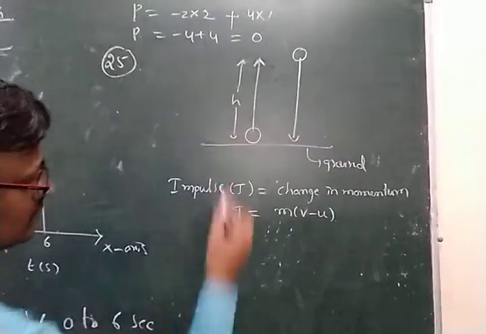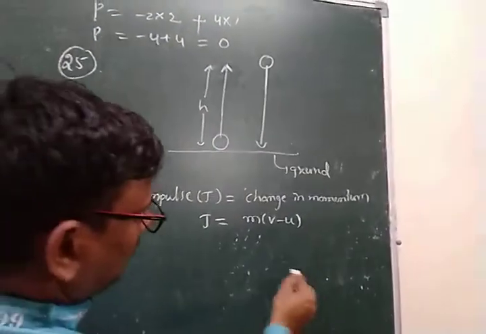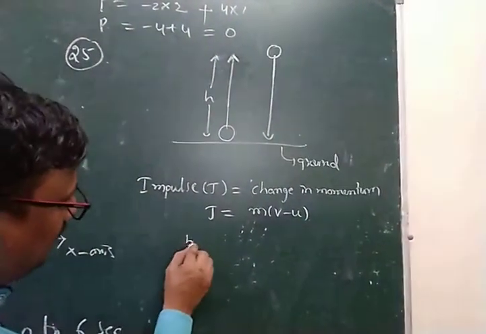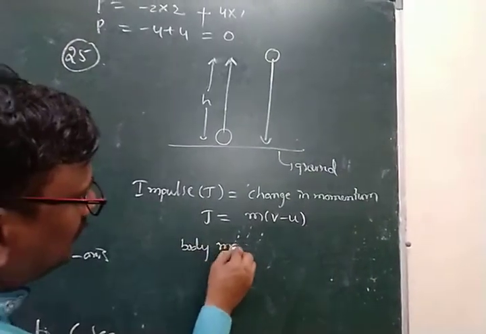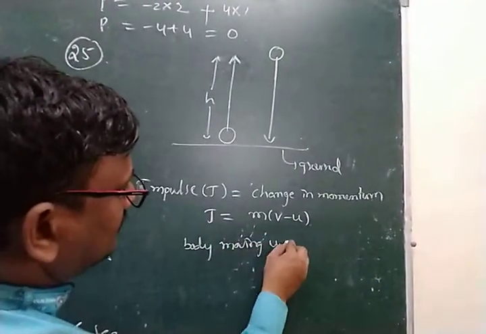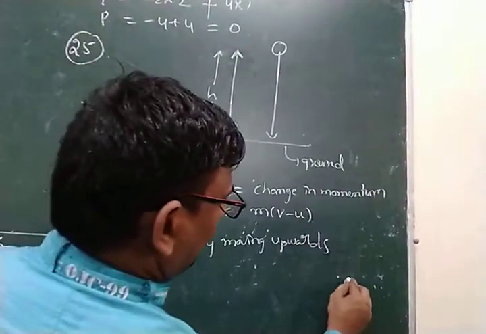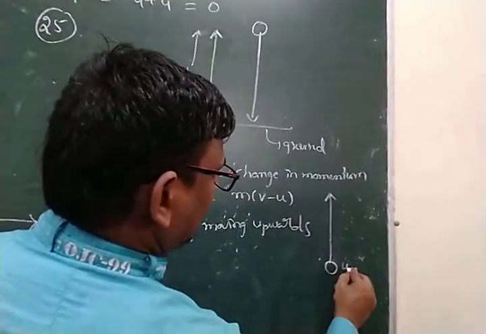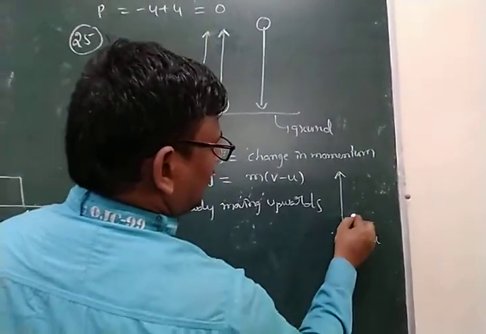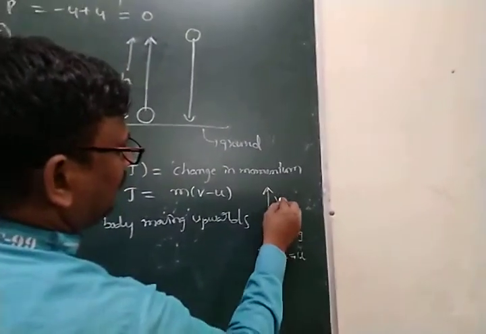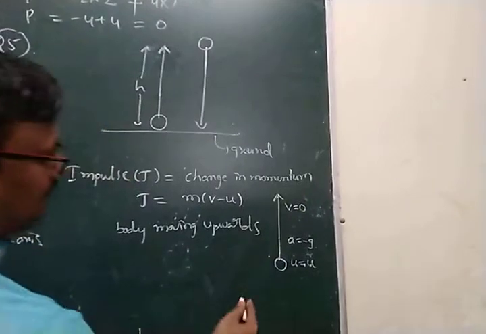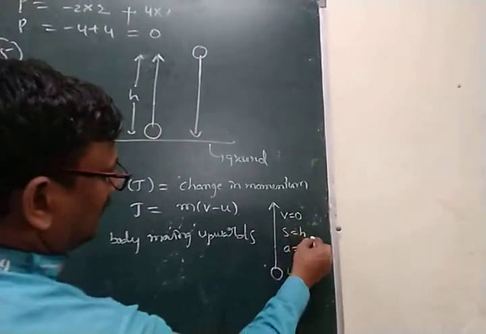Now when the ball is moving vertically upwards, initial velocity is U, acceleration A is equal to minus g, final velocity V is equal to 0, and displacement S is equal to h.